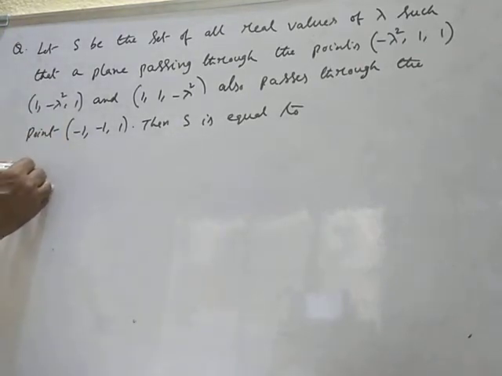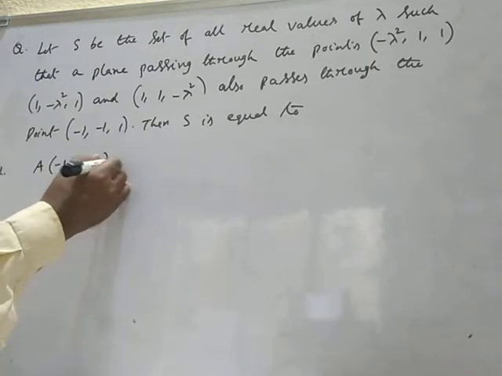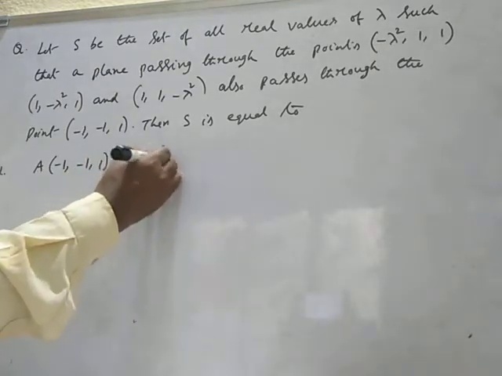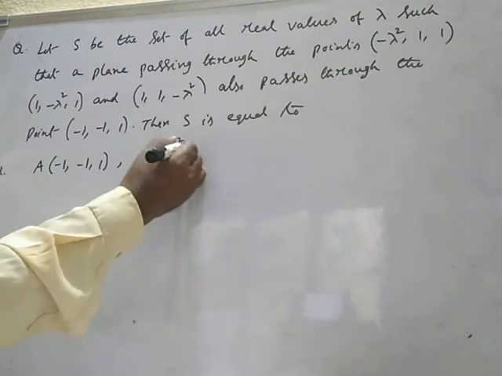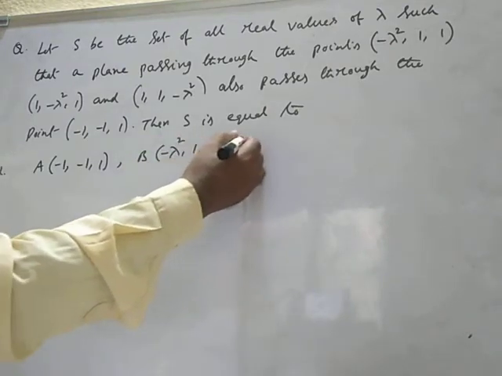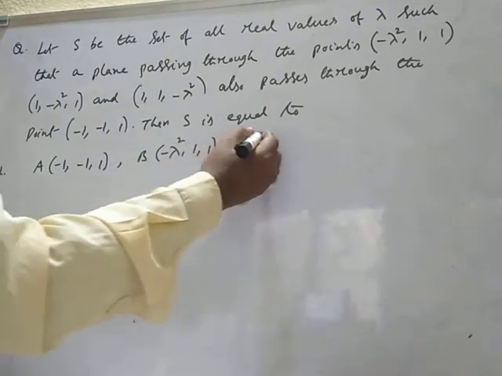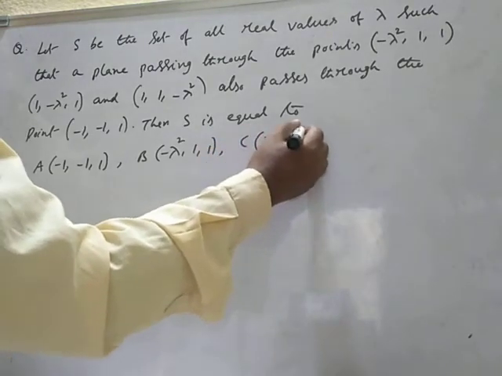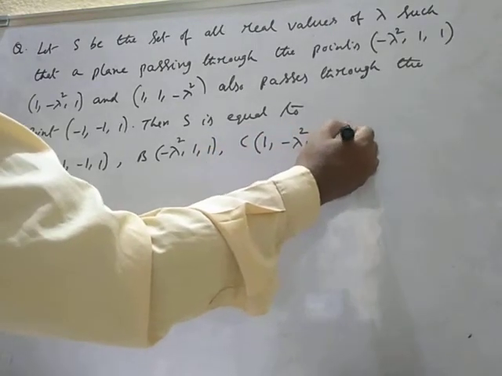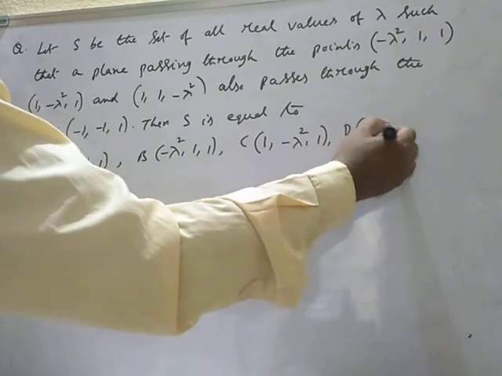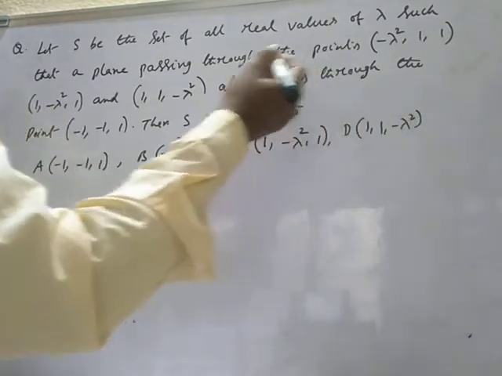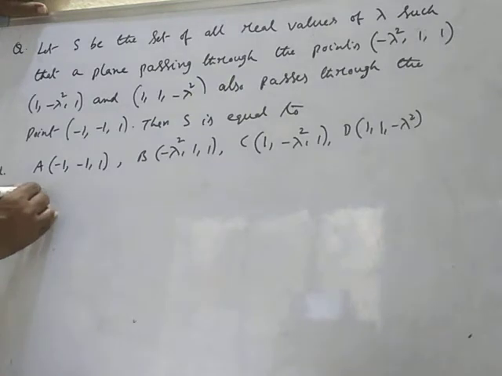Let the points be A (-1, -1, 1), B (-lambda square, 1, 1), C (1, -lambda square, 1), and D (1, 1, -lambda square). We know that these 4 points are coplanar.